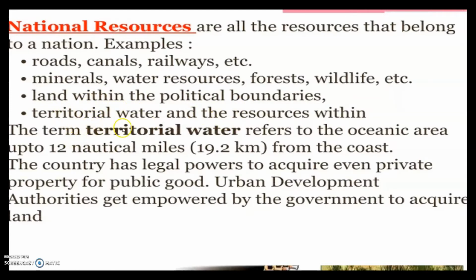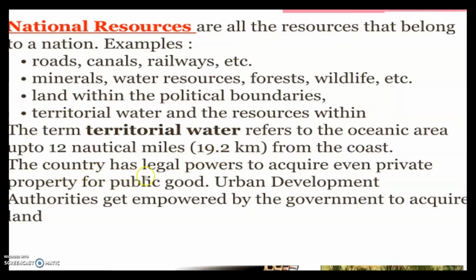Then the territorial water and the resources within it. The term territorial water refers to the oceanic area up to 12 nautical miles. Very important. That means 19.2 kilometers from the coast.